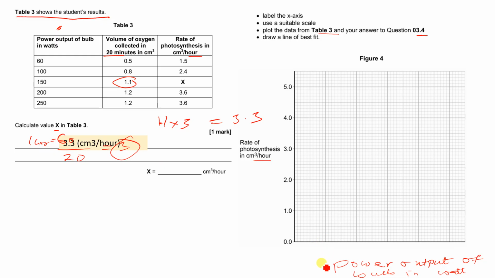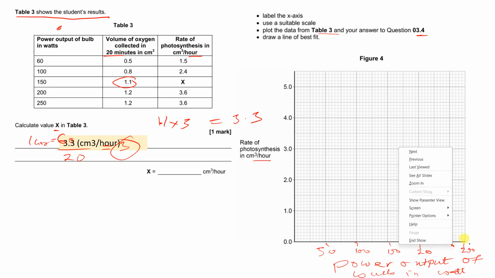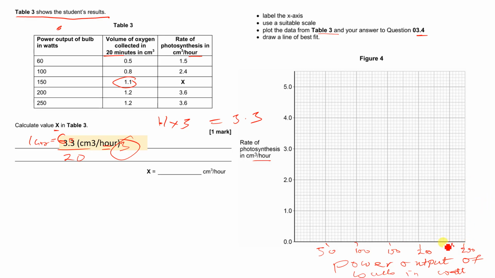Now this is up to 250, so I can just say 50, 100, 150, 200, 250. Sorry, this here should be 250.